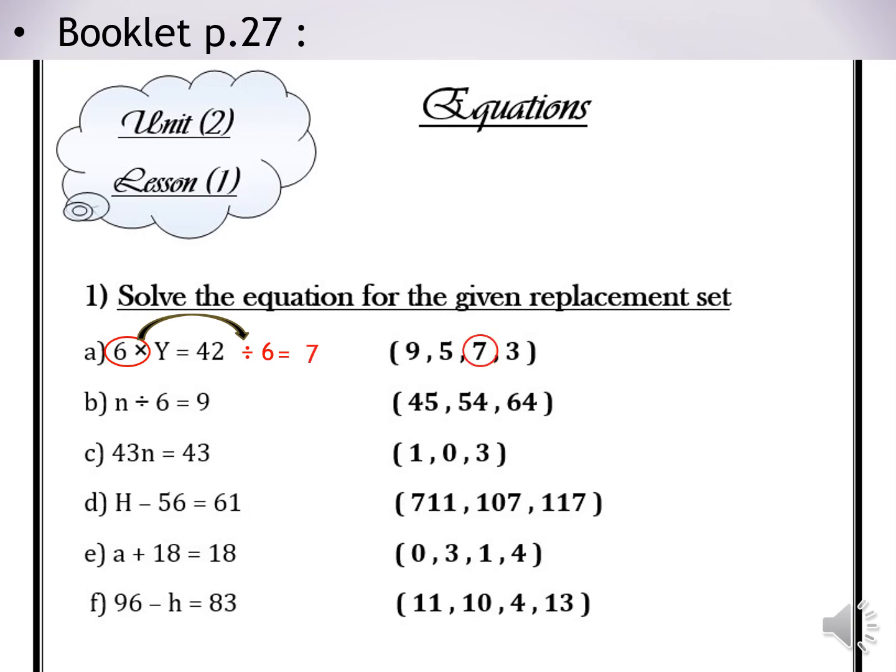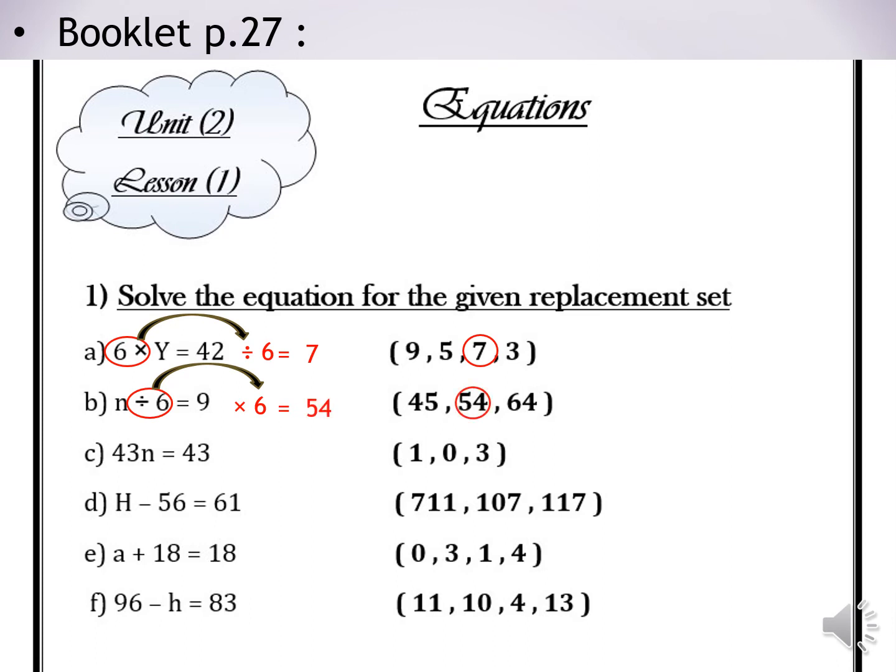In letter B, I have n divided by 6 equals 9. So I have my number, divided by 6. I will send it to the other side and I will change the sign. So divided by 6 will be multiplied by 6. n equals 9 times 6. 9 times 6 equals 54. So the answer is 54.